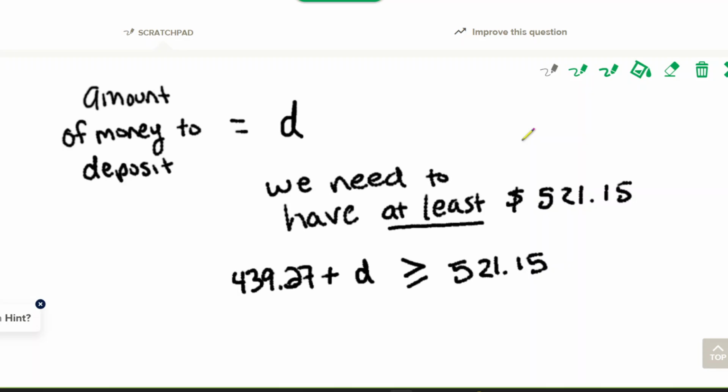If I want the D alone, right now $439.27 is added, so I'm going to subtract $439.27 from both sides.